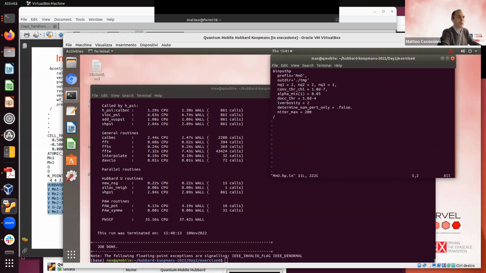So this is a simple input file for the HP code, as the one Yuri was showing to you before. If you start from a previous SCF calculation done with DFT plus U plus V, HP will automatically perturb also neighboring atoms in order to give you the V also between atoms. Okay, so that is no problem. What I do here, I put this flag determine_num_pert_only equal to true.